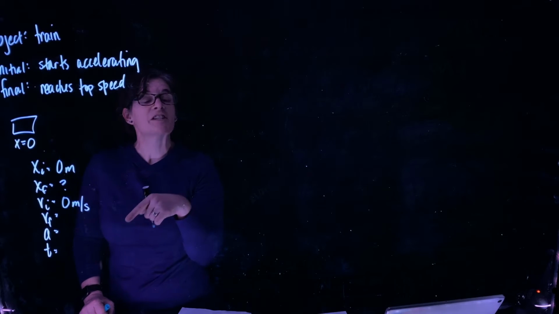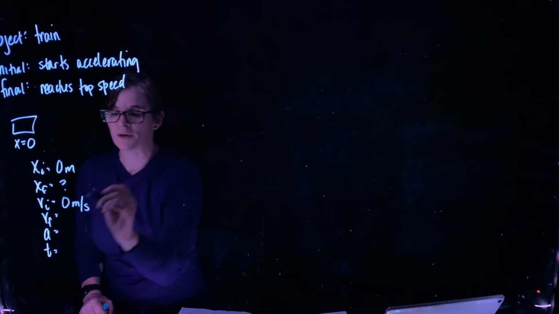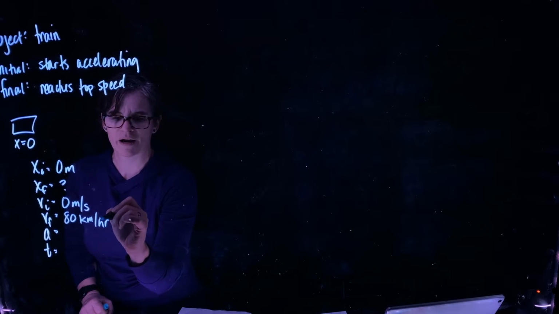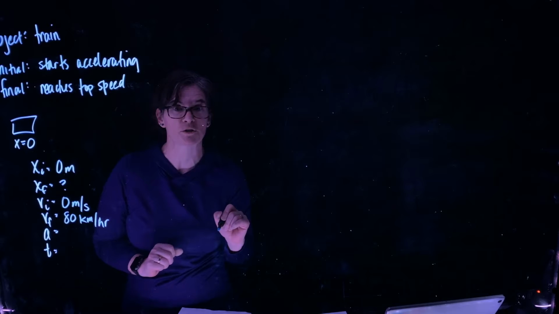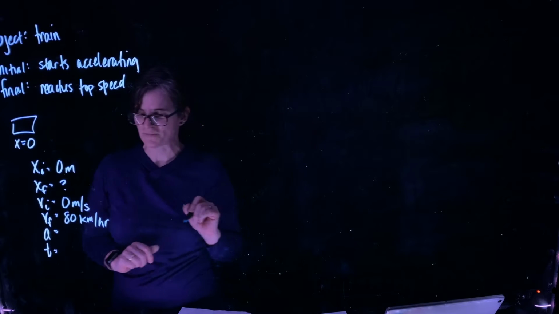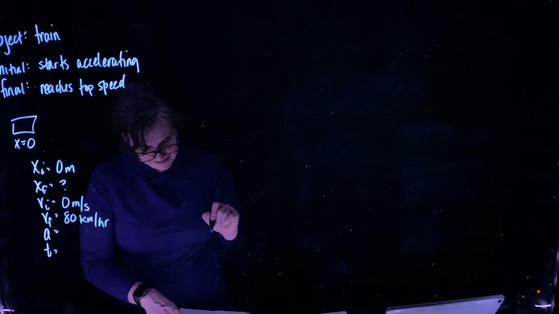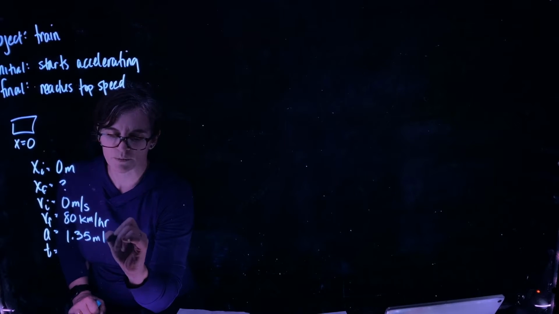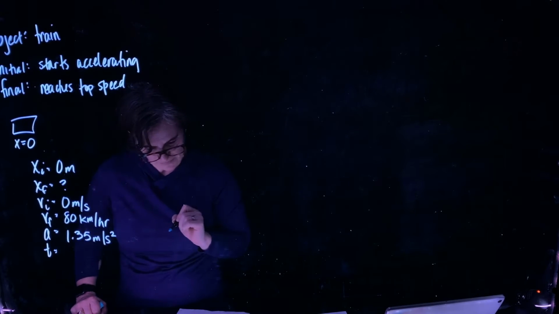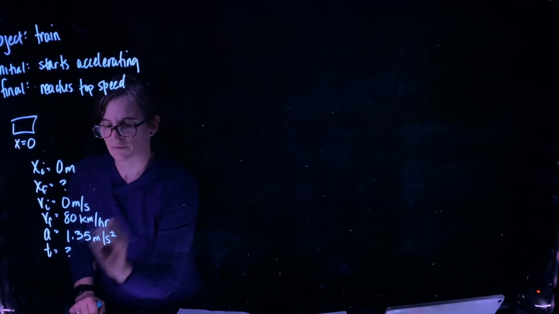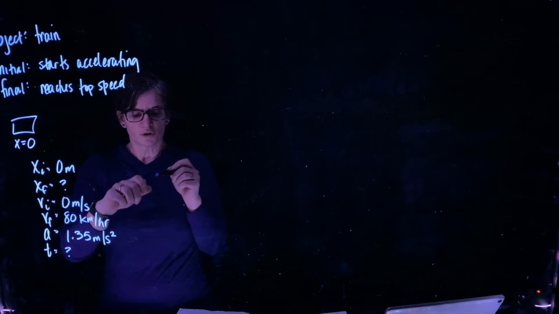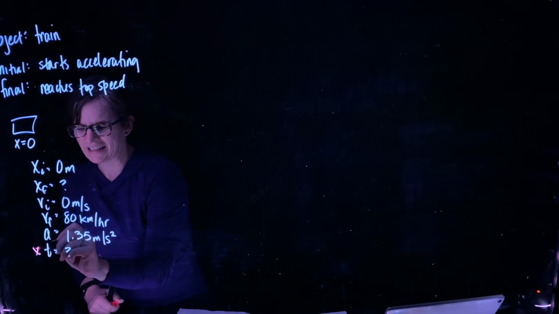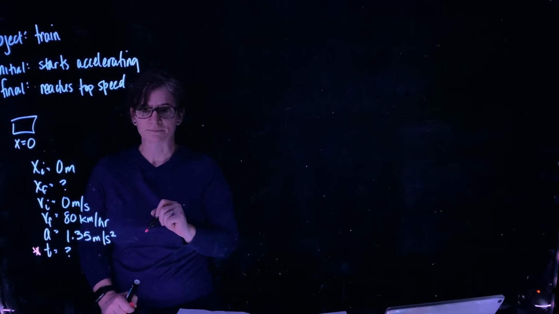We know that it reaches its top speed, which is 80 kilometers per hour, so we right away recognize I'm going to have a unit issue that we're going to have to take care of. It tells us that it accelerates at 1.35 meters per second squared, and we don't know the time. So we're interested in determining how long that takes. We're interested in this time.